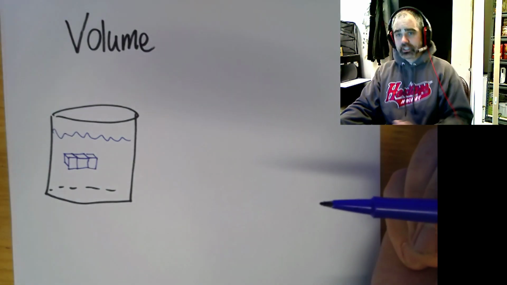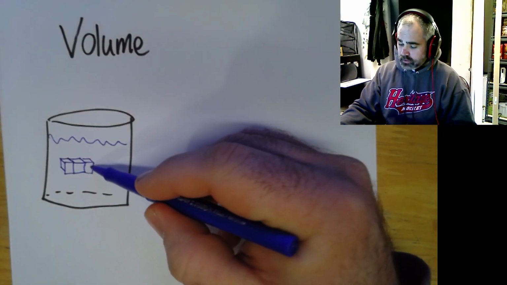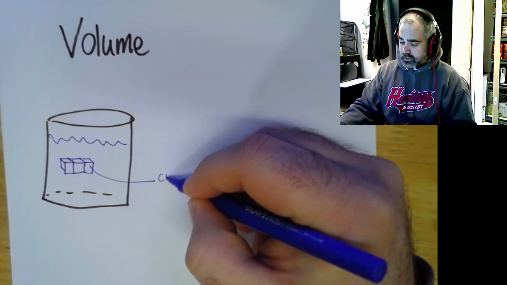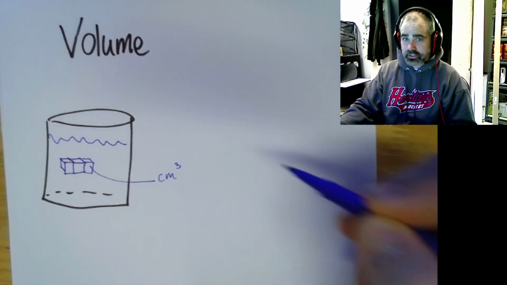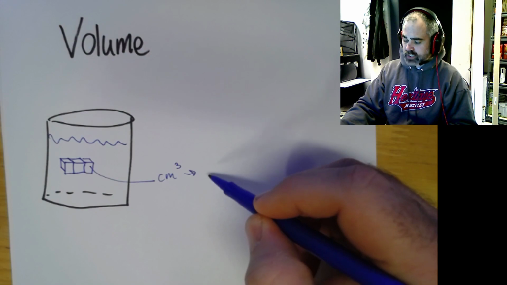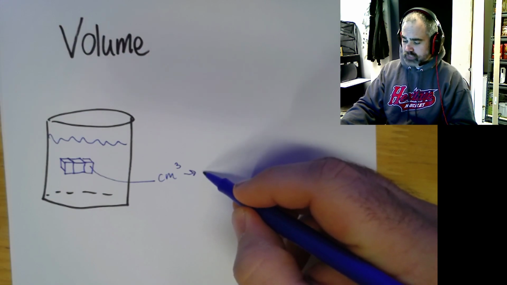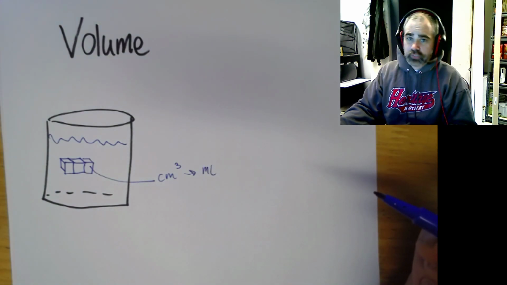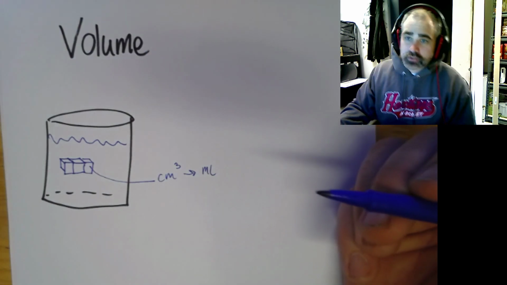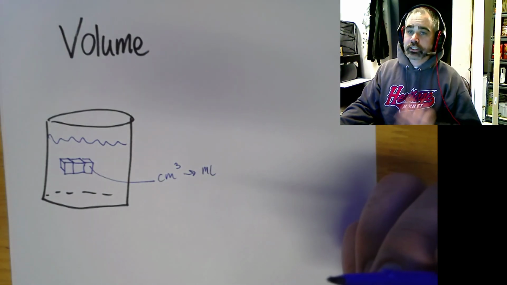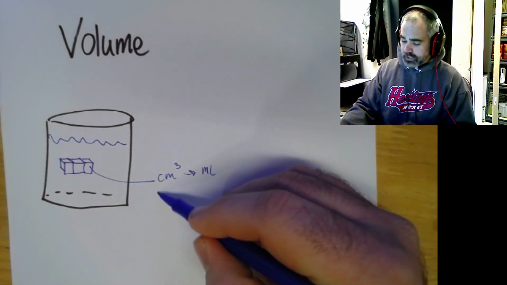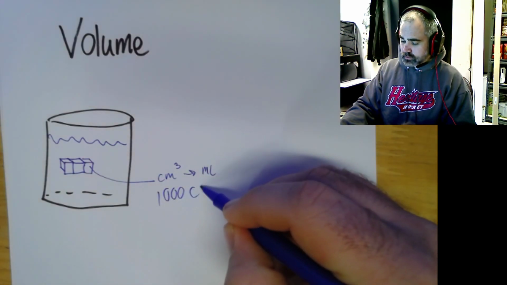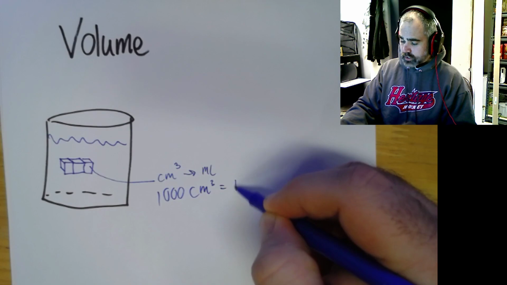And the cubes in liters are actually cubic centimeters, and we express them like this. A cubic centimeter is the same as 1 milliliter. So 1,000 cubic centimeters is 1 liter. Okay, so 1,000 cubic centimeters equals 1 liter.